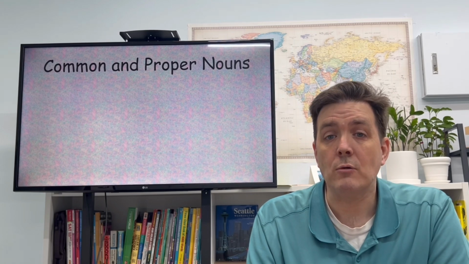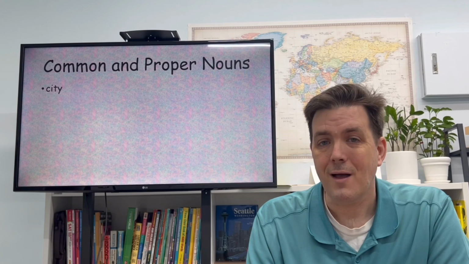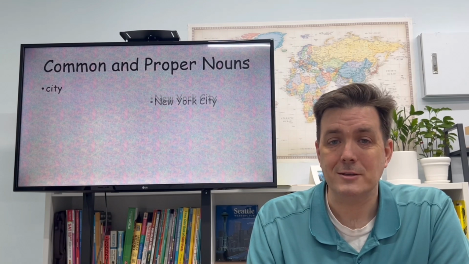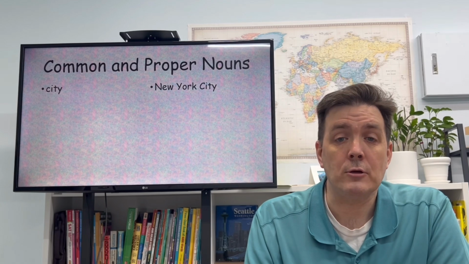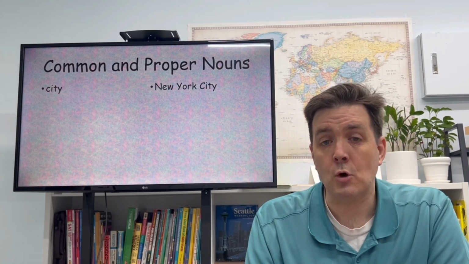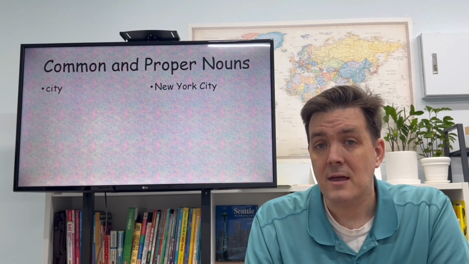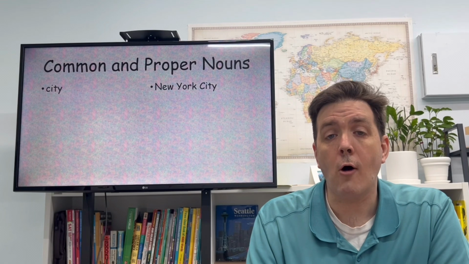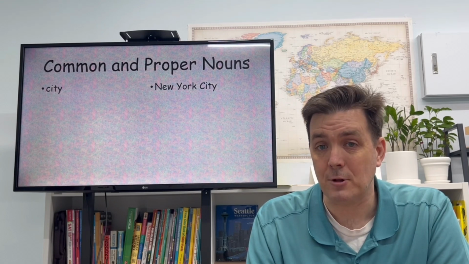So let me give you a few examples. A city, well, a famous city in America is called New York City. Now I would point out, you'll notice city on the left is lowercase c. However, New York City, you capitalize all three words in that name because names are capitalized.